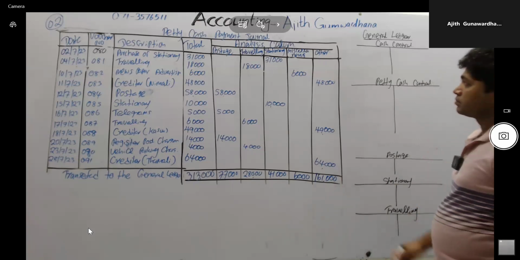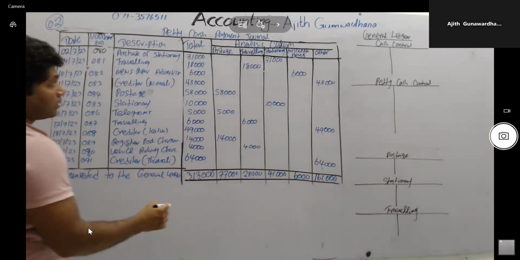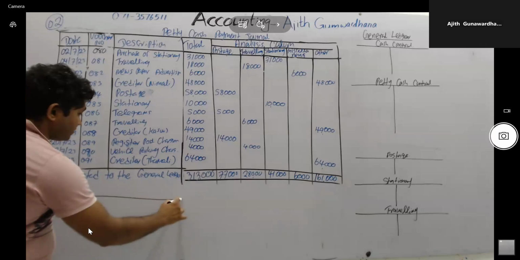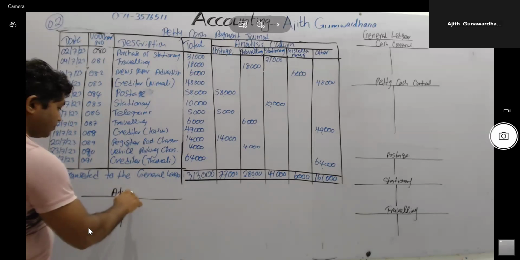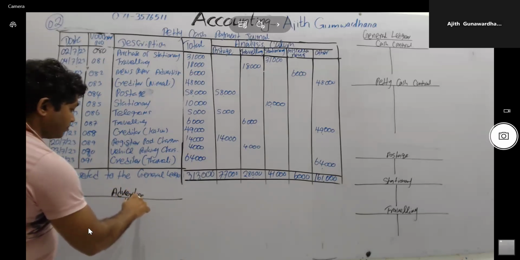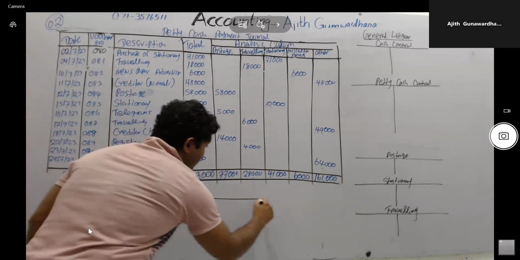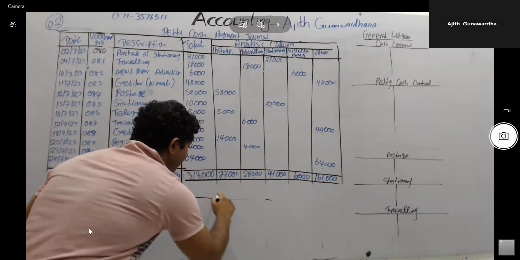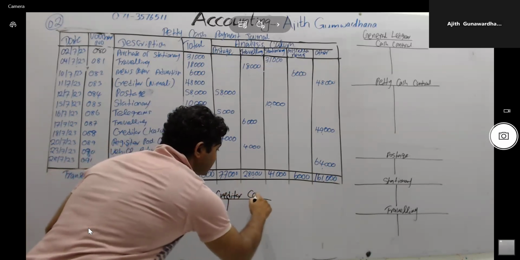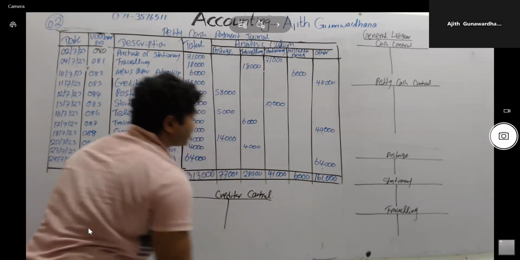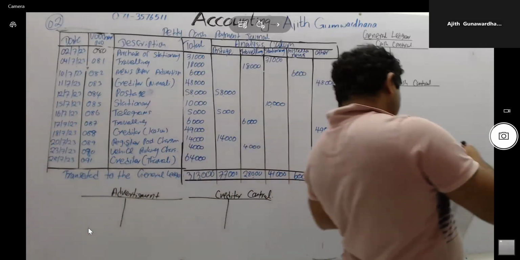And the miscellaneous column is available. Advertisement expense has a separate ledger account as an advertisement. And the other column has given payment for creditors. Therefore, prepare creditor control accounts. Those are the ledger accounts that should be prepared in the general ledger.